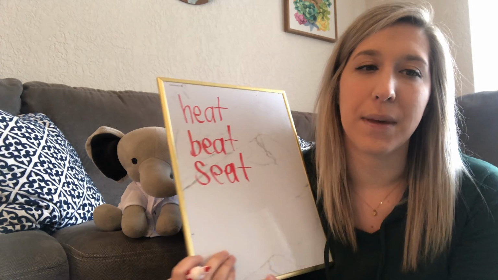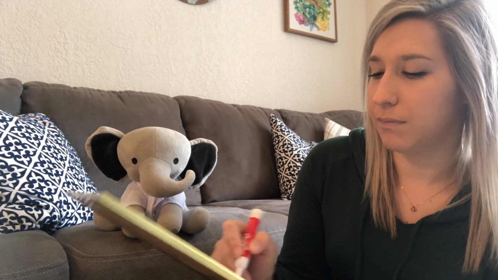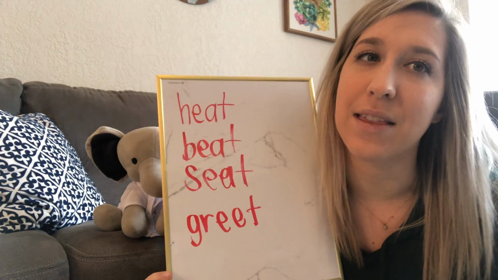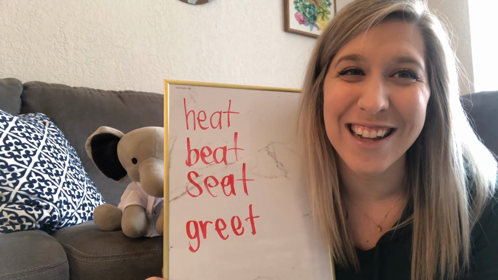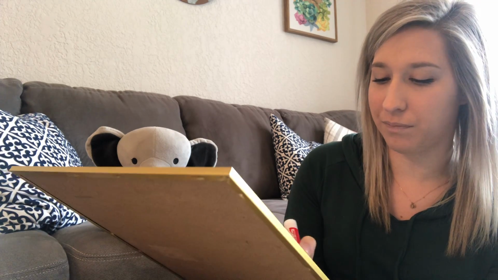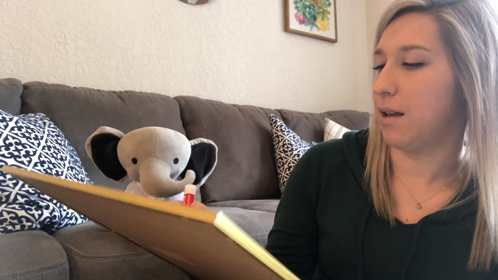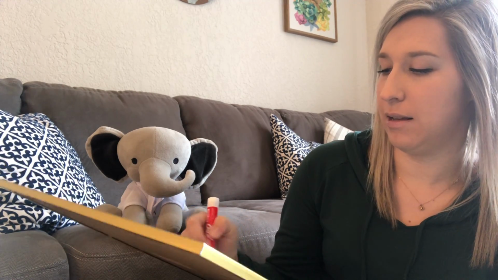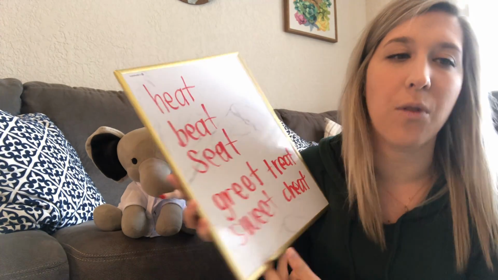An example might be greet, has the grr at the beginning. Greet. Can you guys think of some more examples with a blend at the beginning? There's so many good ones. Great job, kindergarten. I heard sweet and treat and cheat. Very good. Okay, so those are all words that rhyme with Pete.